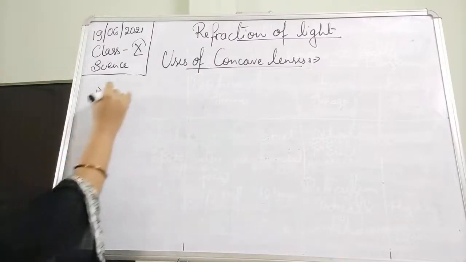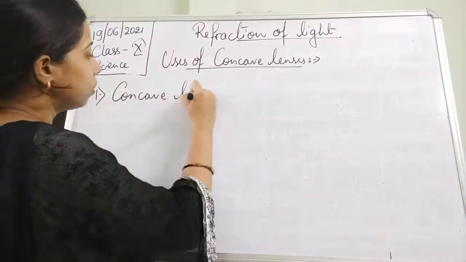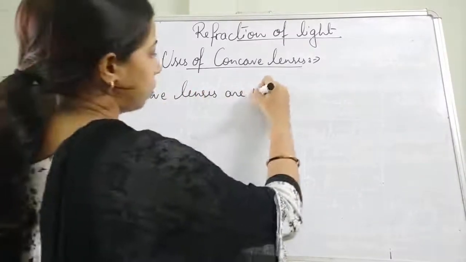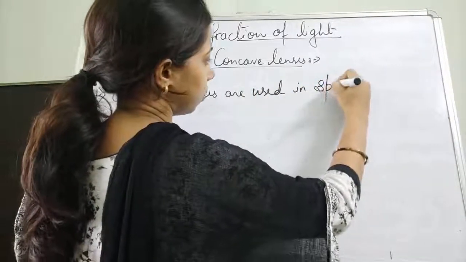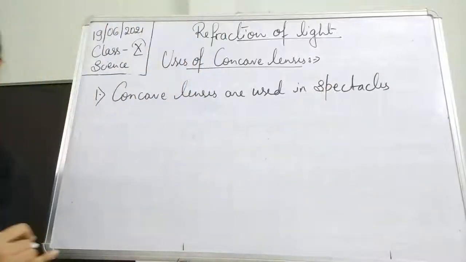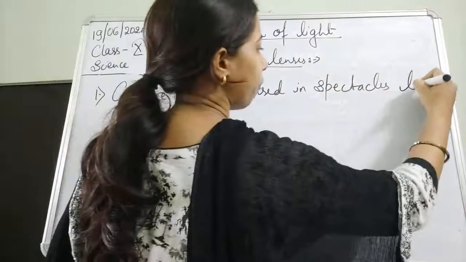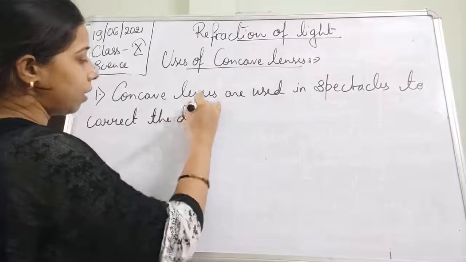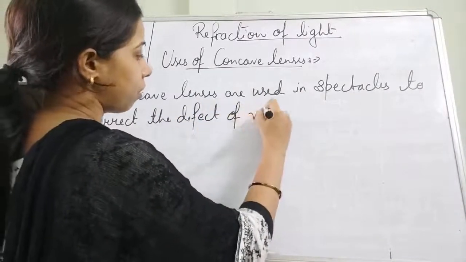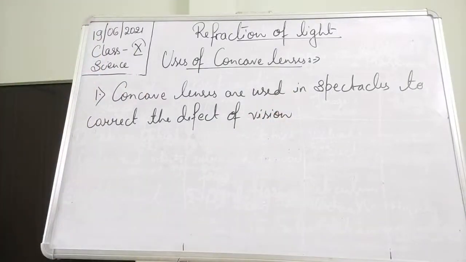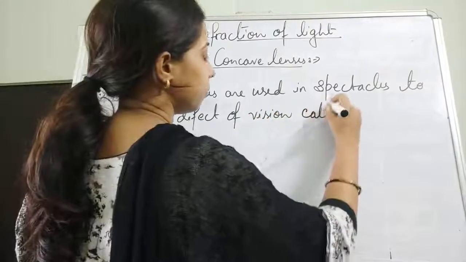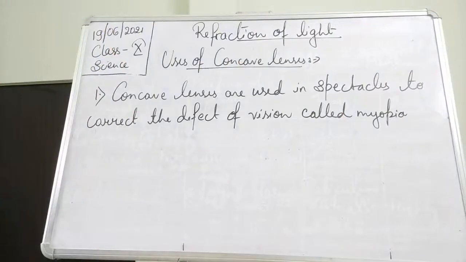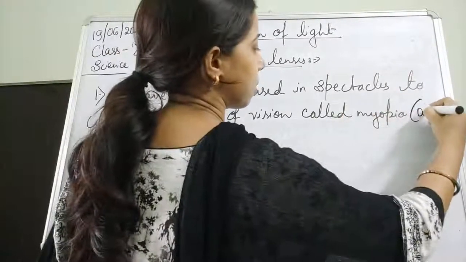Concave lenses are used in spectacles to correct the defect of vision called myopia, or short-sightedness.